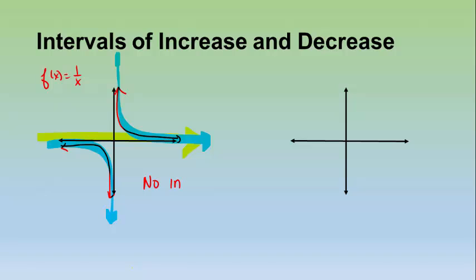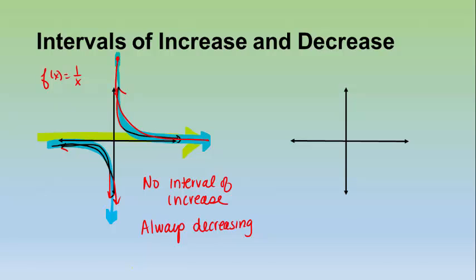However, we can say that this is always decreasing, because as we move, these values keep getting smaller. And although they start really high, as we move across, the values are getting smaller.